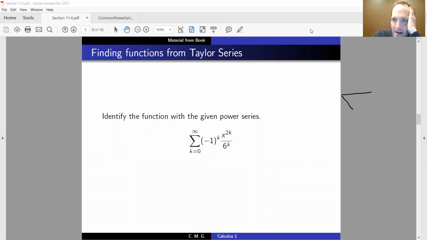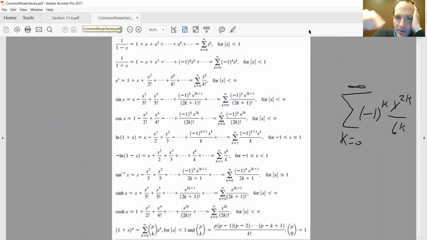So what I have is the sum of minus 1 to the k, x to the 2k over 6 to the k. That's the power series. It starts at 0 and goes up to infinity. So I'm going to grab that and pull it over to this table of power series.